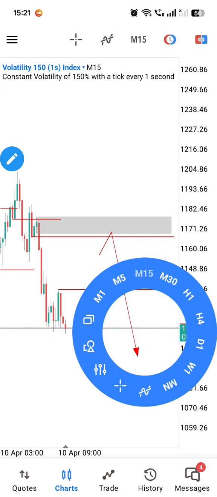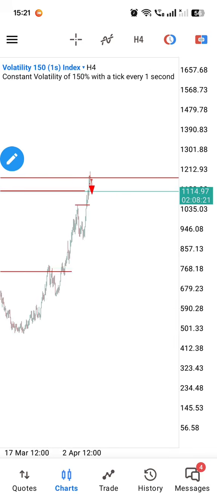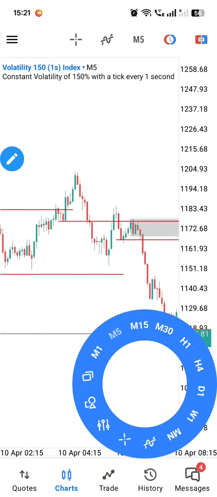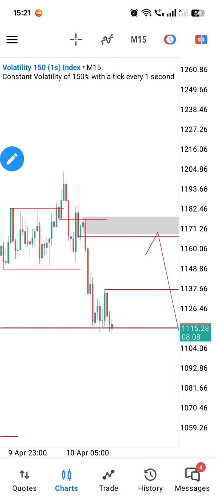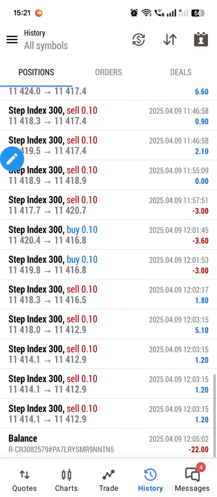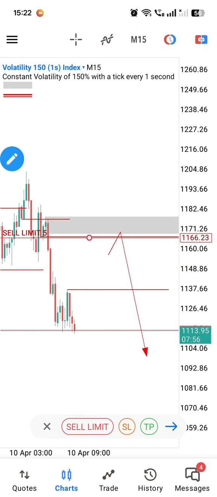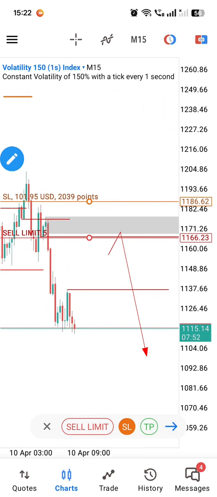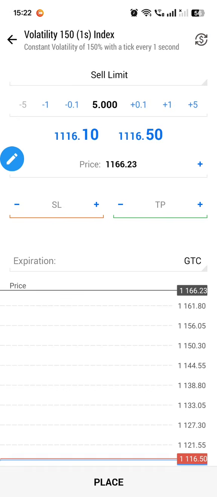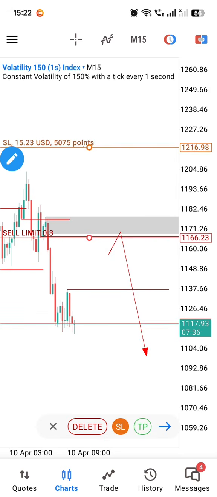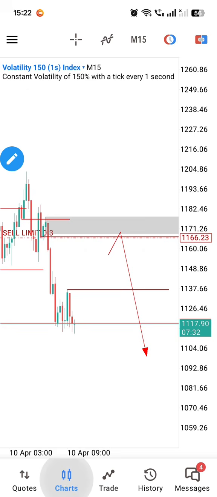So it's a quick video that I managed to capture, and then I was like, you know what, let me just edit it out and then show you guys. So right now I will have to start placing my sell limit orders right there, and VIX 150S is not really that strong in terms of lot sizes, so you have to enter like 0.3.